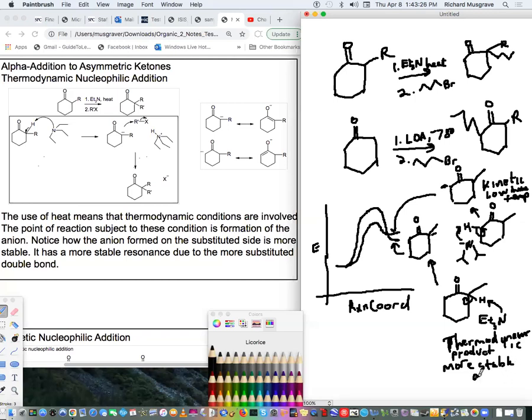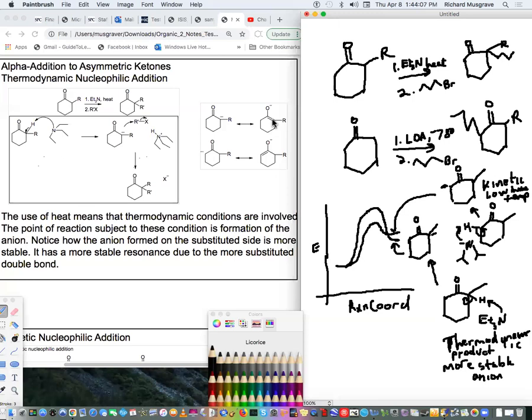Now the reason that that anion is more stable has to do with, again, the Zaitsev rule, and the fact that if you compare the two anions that we have here, the one with the negative charge where the C is attached to the R group, when it resonates, it forms a double bond that's more substituted than the one on the other side. So if you look at where the negative charge is, when it's not on the C with the R, you can see we end up getting a double bond that is not as substituted, which means that that makes this one more stable.